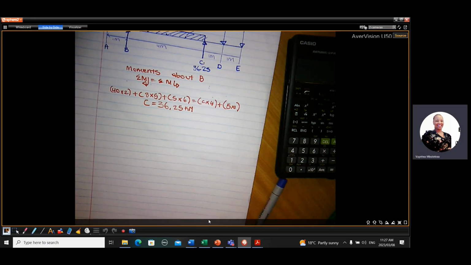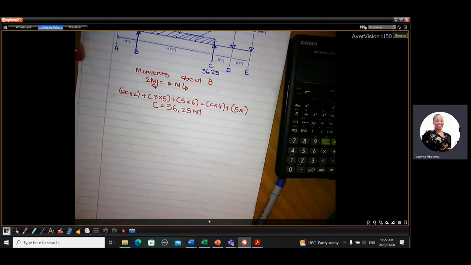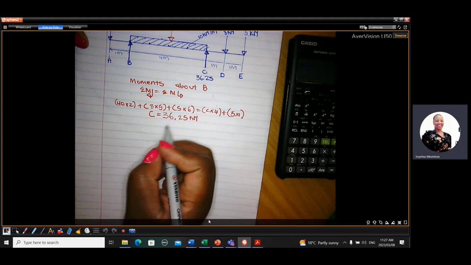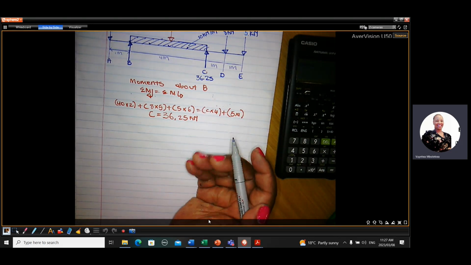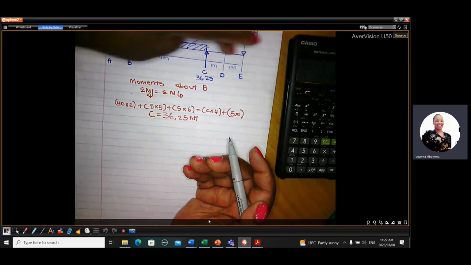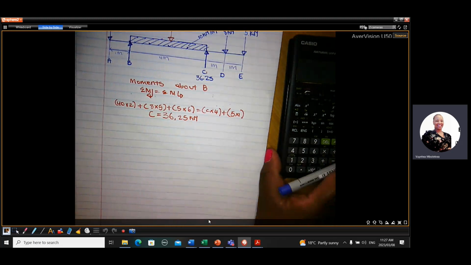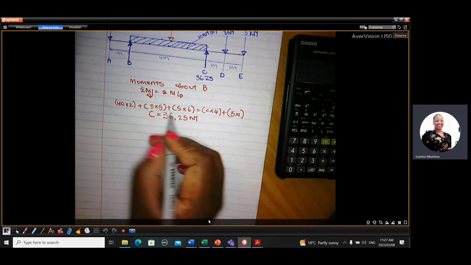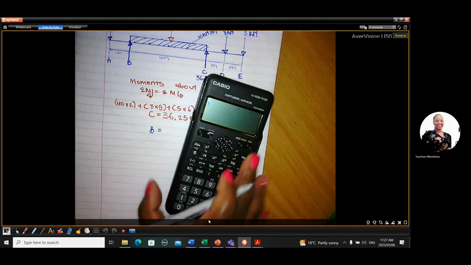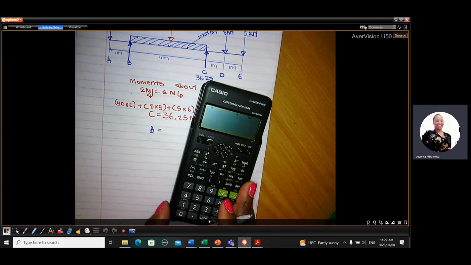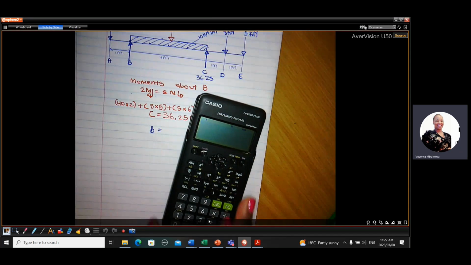And then when we have C, to get B, we can take moments at C, or you could even use Newton's third law, now that you have one upward force and all the downward forces. Okay, so let's do that actually. B will then be all the downward forces minus that upward force.